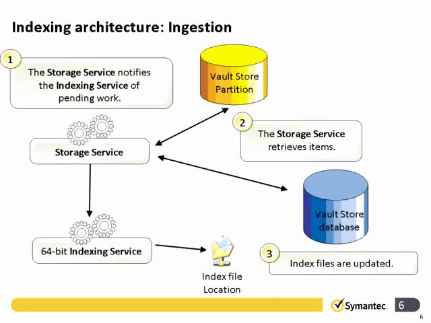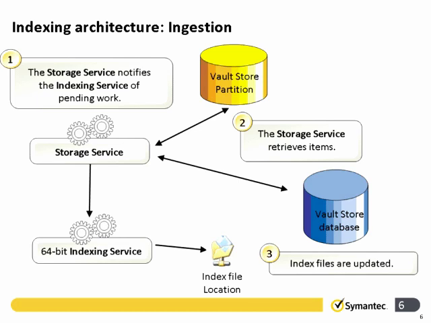Let's go through and look at the basic processes that are involved as part of the ingestion of your information in the indexing architecture. The indexing service is going to request the archived items from the storage service. It does this by initially querying the Enterprise Vault directory database and then querying the Vault Store database.